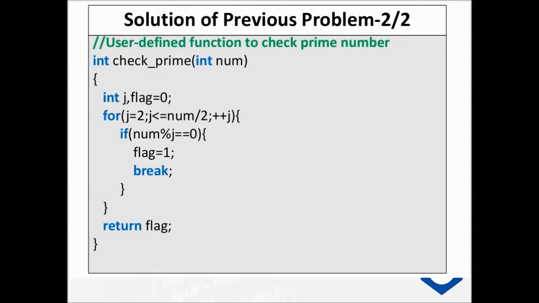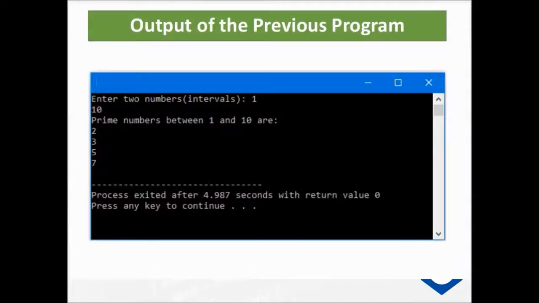So after running this program, it asks the user to enter two numbers. These two numbers are used for the number interval. For example, the user enters 1 and 10. So this program now calculates prime numbers between 1 and 10.